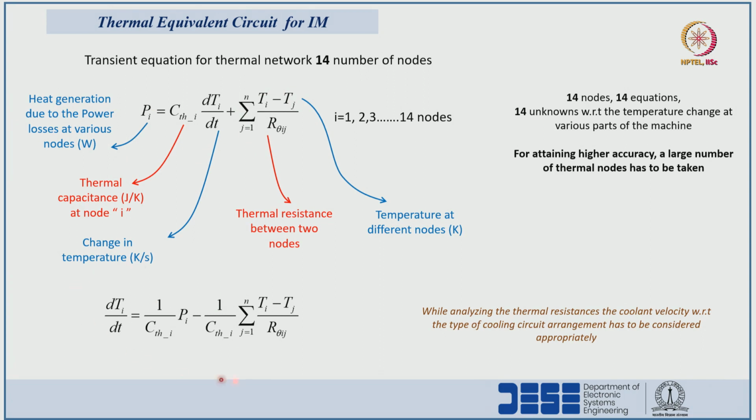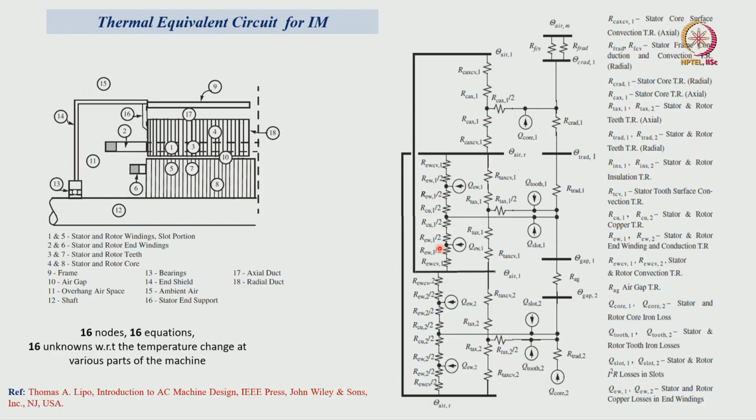So, from this equation we can calculate the temperatures at various nodes of the equivalent circuit of a machine. Once we have the 14 equations and 14 unknowns, then we can identify the temperatures. For attaining higher accuracy, a higher number of thermal nodes has to be considered.